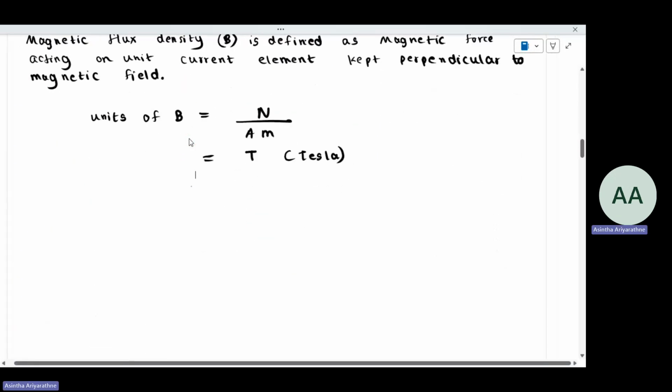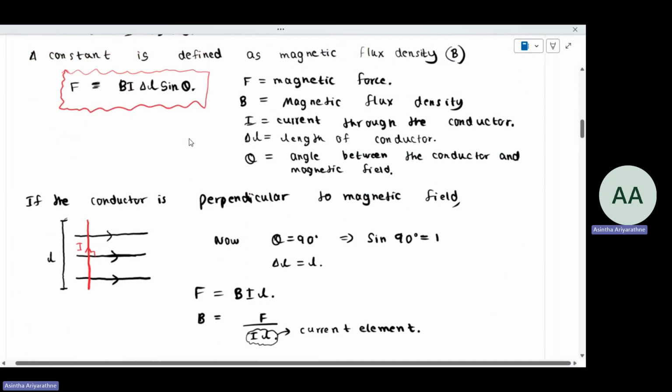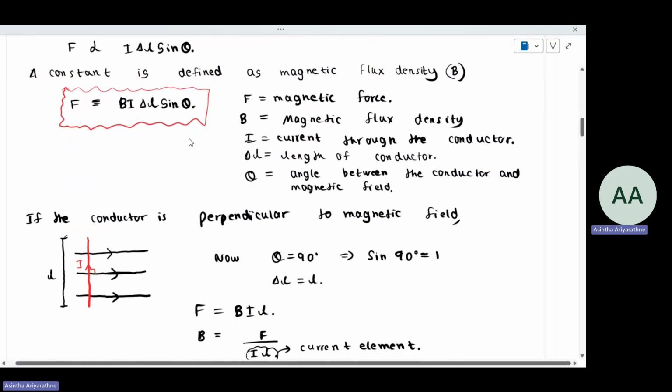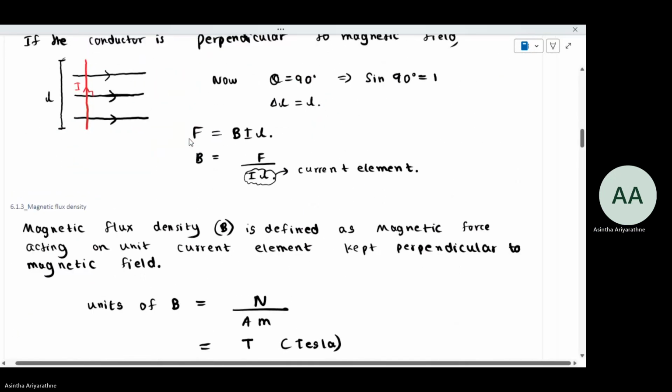And so the maximum magnetic force is induced when the conductor and the magnetic field are perpendicular to each other.